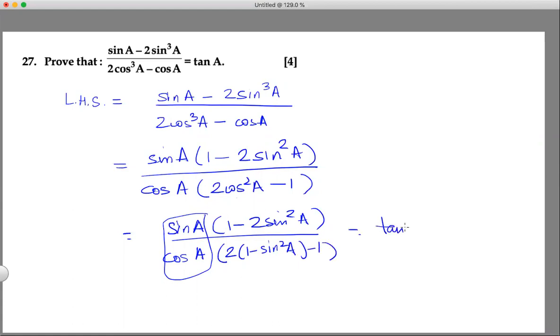So we will get tan A. And what will we have here? 1 minus 2 sine A square, and this will become 2 minus 2 sine A square minus 1. This will be the same thing, but we should write this step.